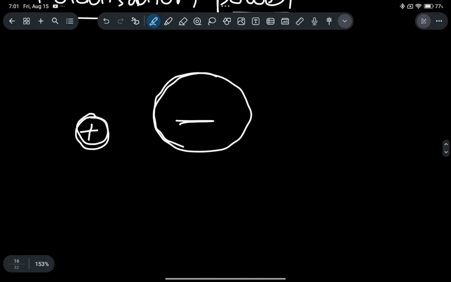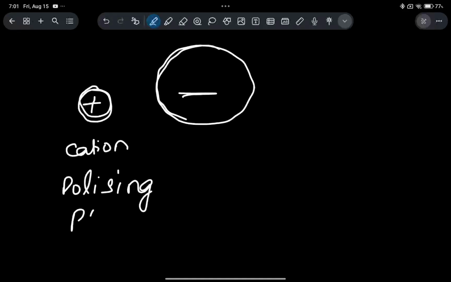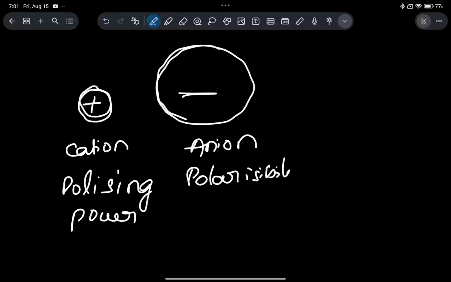This cation has polarizing power, and this anion has polarizability, the polarizability of the anion.